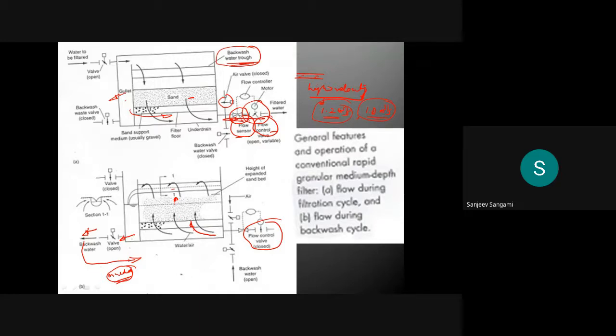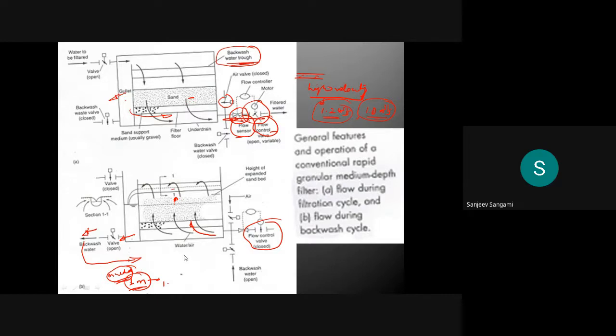After 1 or 2 years, every year you have to check the depth of the sand. In the initial stages of your design, assume that the depth is around 1 meter. During the backwashing systems, around 1 to 2% of the sand is lost.